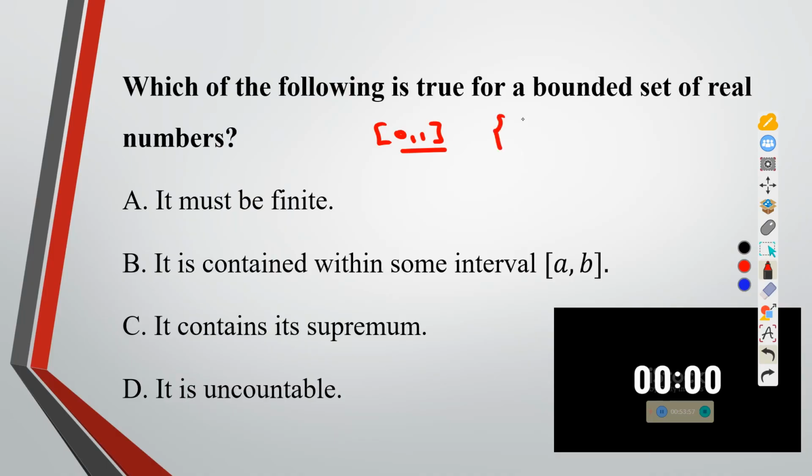Or even when you consider the sequence 1 over n, for which n is picked from the set of natural numbers, this is countably infinite and is also bounded. So this might not be the criterion for a bounded set.